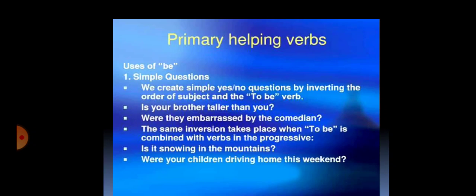The same inversion takes place when to be is combined with verbs in the progressive, or continuous tense. Like, is it snowing in the mountains? Were your children driving home this weekend? So here we saw that the be form of auxiliary verb, that is is, am, are, was, were, are used in the beginning to frame interrogative questions.